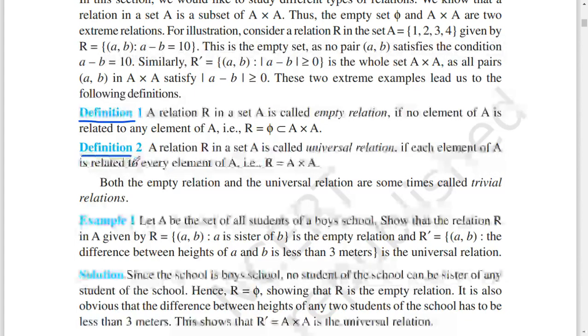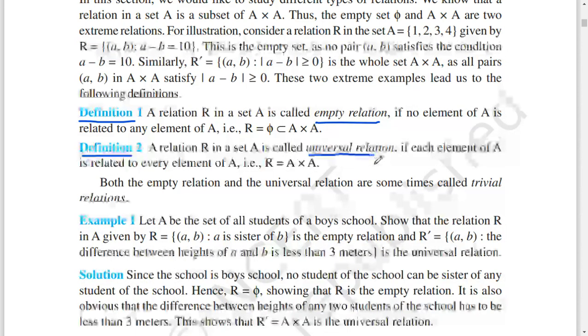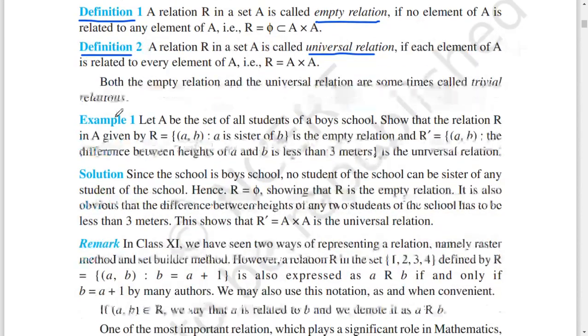A relation R in a set A is called a universal relation if each element of A is related to every element of A, that is, R = A × A. Both the empty relation and the universal relation are sometimes called trivial relations.